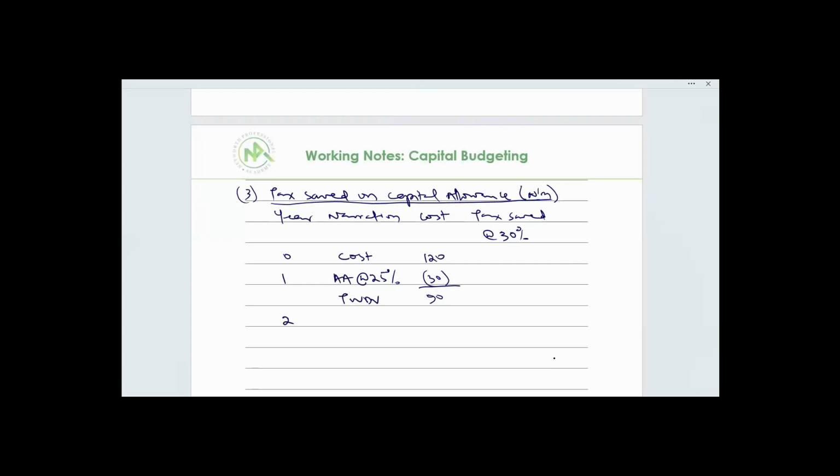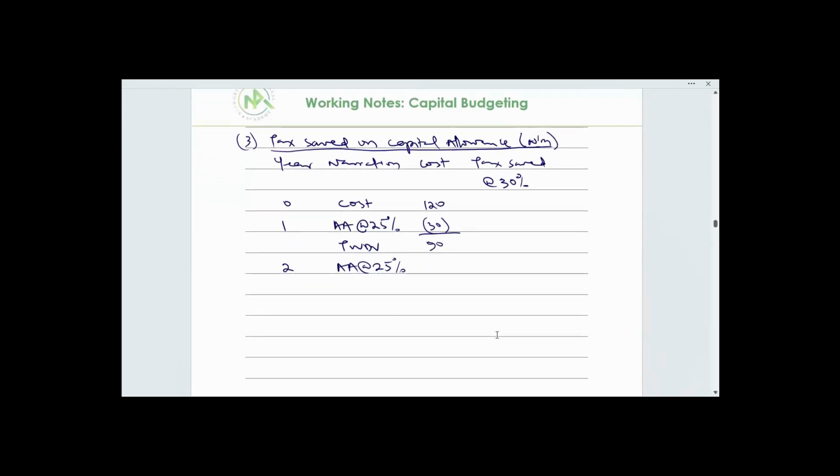I'll move to year 2. Annual allowance at 25% of 90. What's 25% of 90? 22.5. 23 approximately. 90 minus 23 will give me 67.